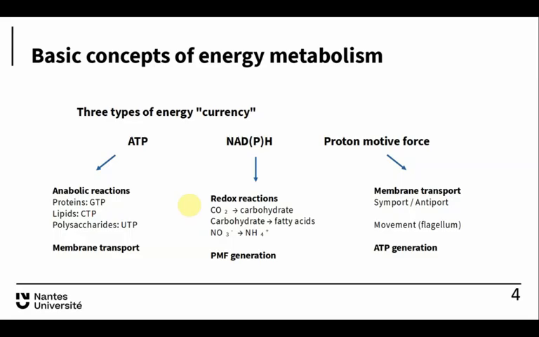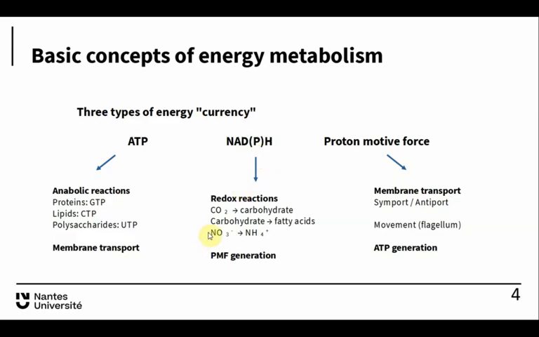So this is a reduction reaction, okay? Carbon dioxide is going to be reduced to carbohydrate. And a reduction is a transfer of electrons. And the reducing agent here will be NADH or NADPH at different steps in the biochemical pathway.